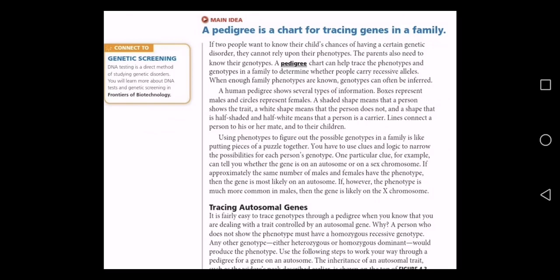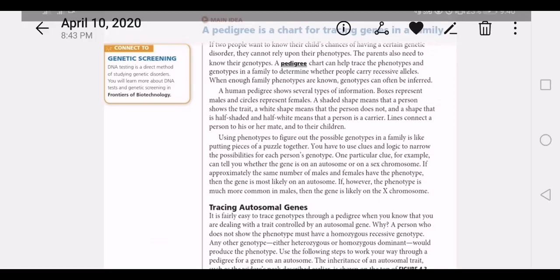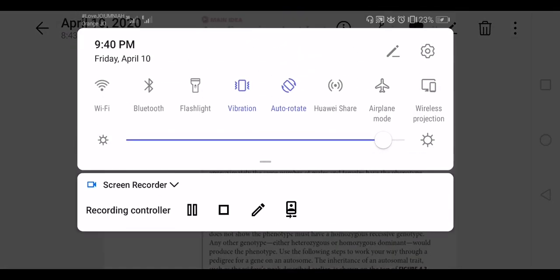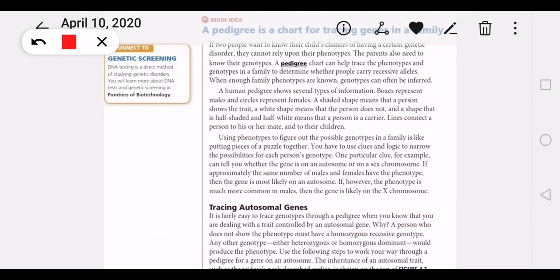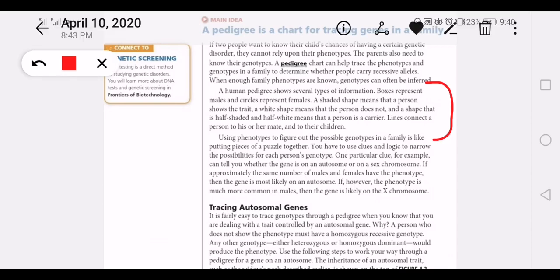A shaded shape means that a person showed the trait, meaning they have the characteristic or the disease or whatever. A white shape means that person does not, and shapes that are half shaded and half white mean that a person is a carrier. Okay, now lines connect a person to his or her mate.